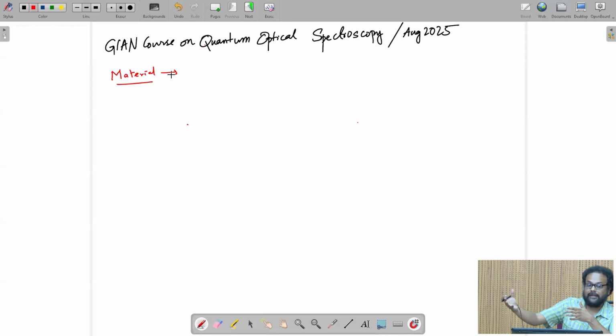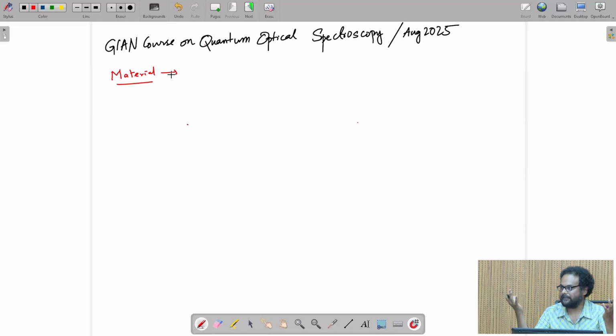To be able to interrogate a material with light, it should be responsive to light. I cannot take a transparent material which is not absorbing, which is not doing anything to light, and interrogate it with light. I may be able to do that in some cases, but mostly not. So we are looking at materials which fundamentally interact with light. When I say interact, it will absorb and possibly emit.